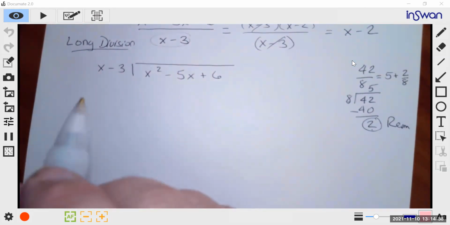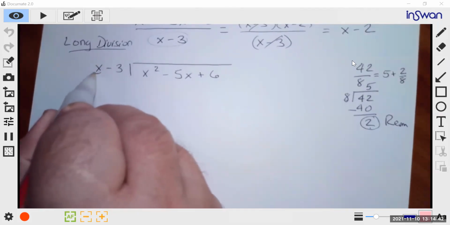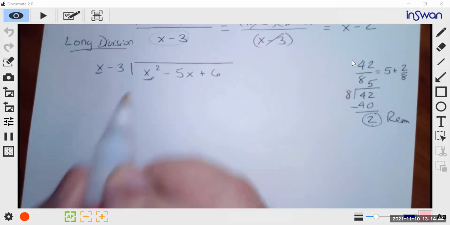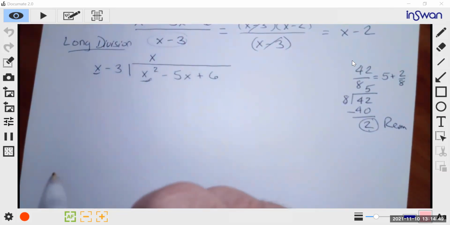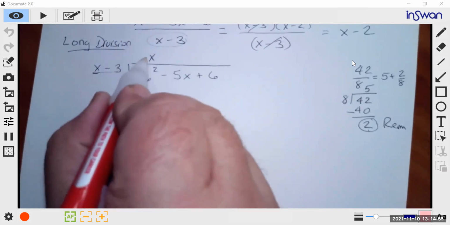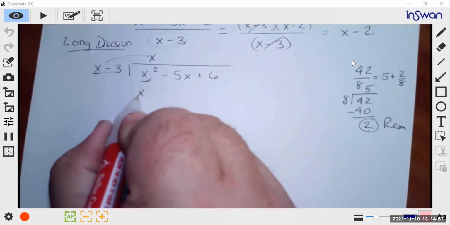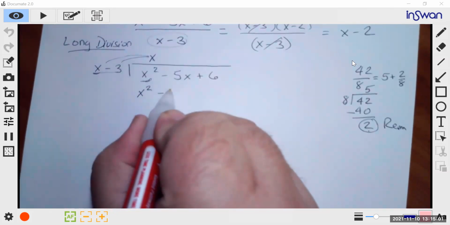So the way you do this, just concentrate, focus on the leading terms. What times x gives me x squared? x. So from here, I take this x and multiply it to x minus 3. x times x is x squared. x times negative 3 is negative 3x.